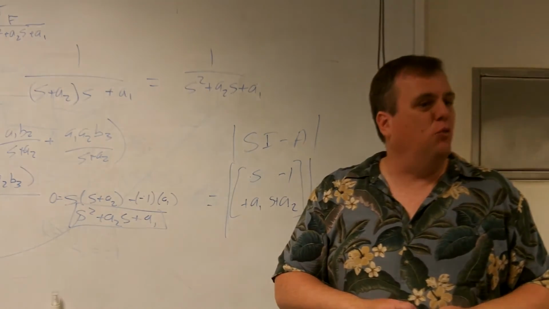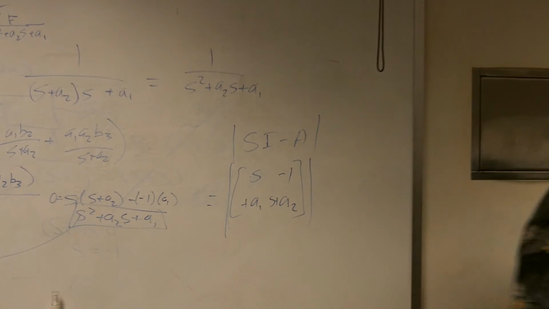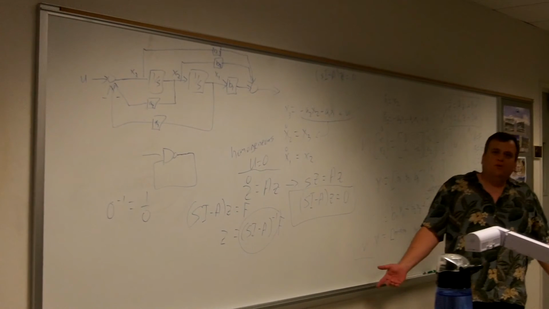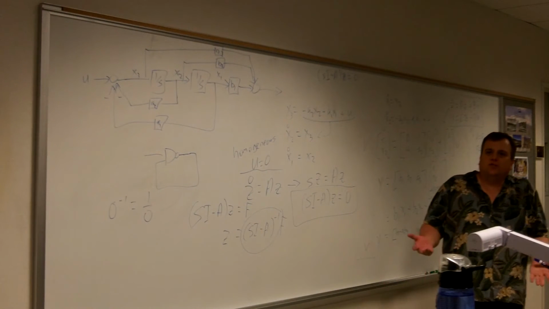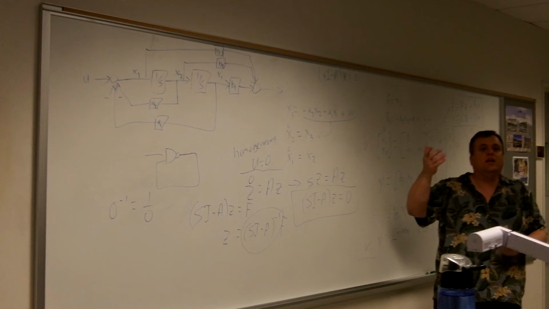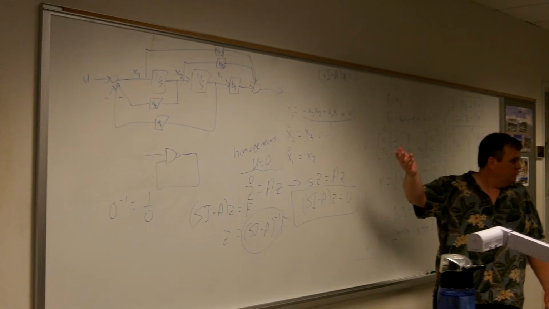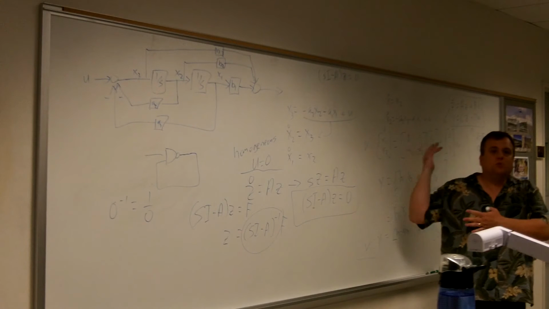As a matter of fact, if you wanted to, we could rewrite this equation right up here, which describes the whole thing in general. I could put that as a Bode plot. I could put that as a root locus. I could put it even as a block diagram if I would like. So how about we just put it as a block diagram?